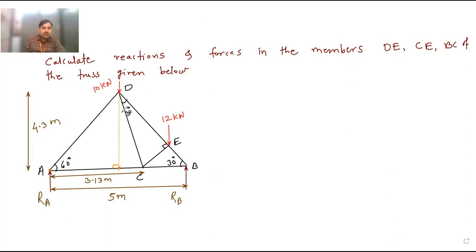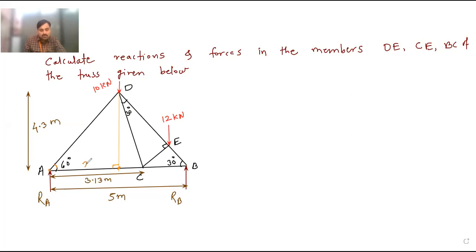So we can calculate that. We know the height. What is the total height? It is 4.3 meter. And this angle is also known to us. It is 60 degree. So we want to calculate this side. The height is opposite to the 60 degree angle, and the side which we want is adjacent to the 60 degree angle.